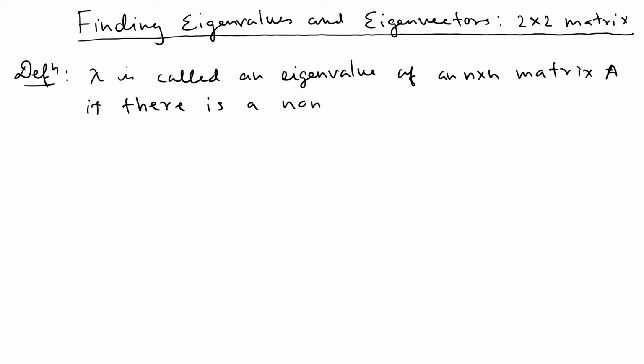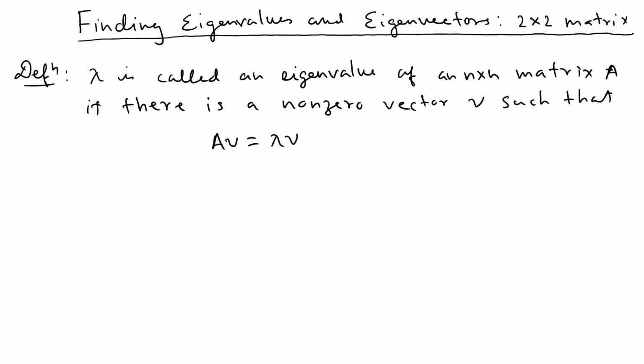It's very important that it is non-zero. If there is a lambda and v such that Av equals lambda v, we call lambda the eigenvalue and v the eigenvector.